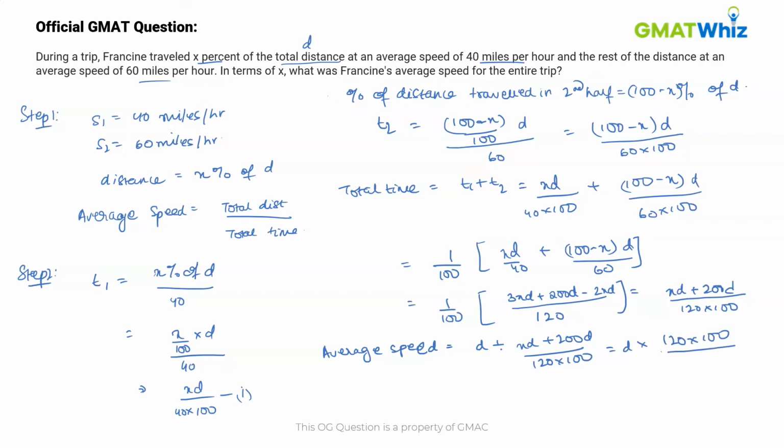Now if we take d common, we have d times x plus 200. Now d gets cancelled and the value of average speed in terms of x is equal to 12000 divided by x plus 200, which is our option E.